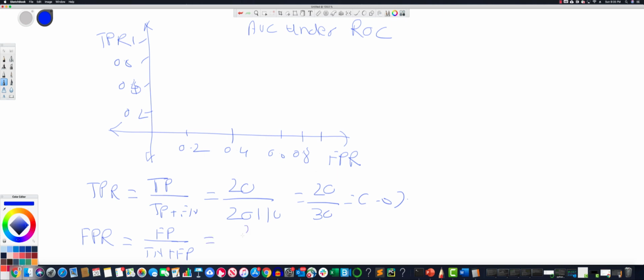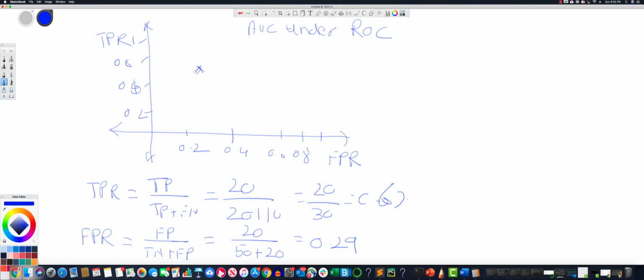If you calculate this, it will be 0.29. So you calculate TPR and FPR for a given model output and plot one point. In this case, 0.29 and 0.67, that point will be somewhere here, right? So you plot one point for a given model.